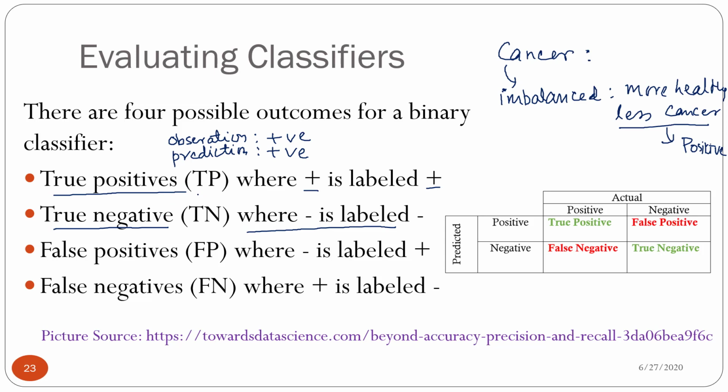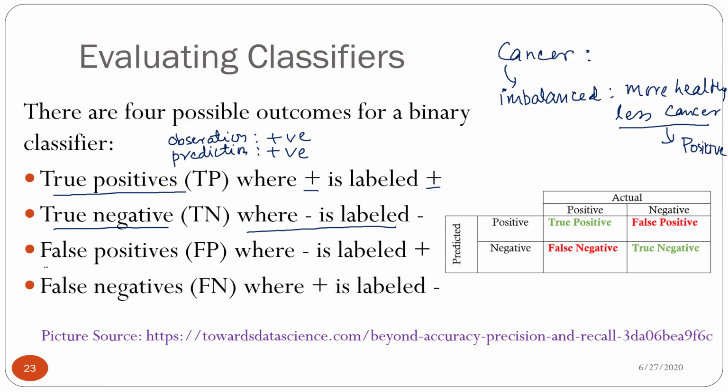It's classifying positive cases as positive. So the number of positive cases that the classifier classified as positive will count for true positive. For true negative, these are those examples which were negative in reality, and the classifier also marked those classes as negative. So true negative, true positive.